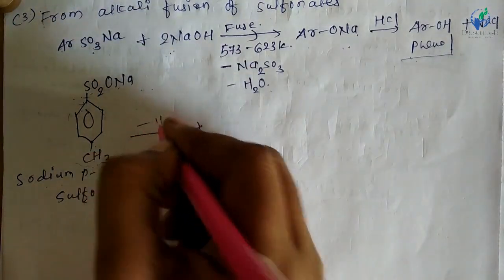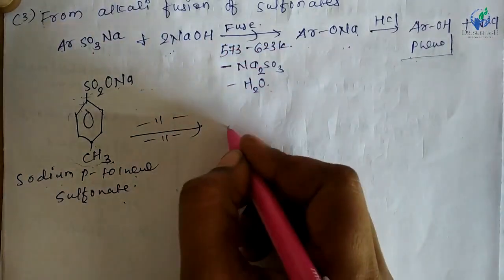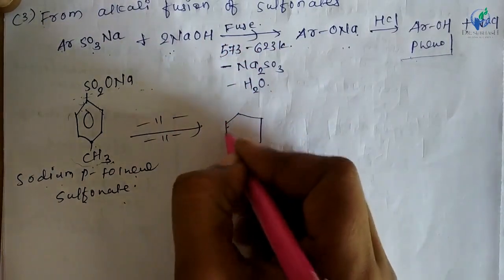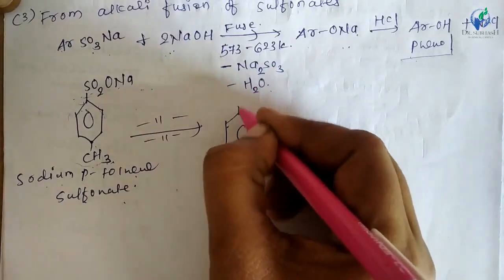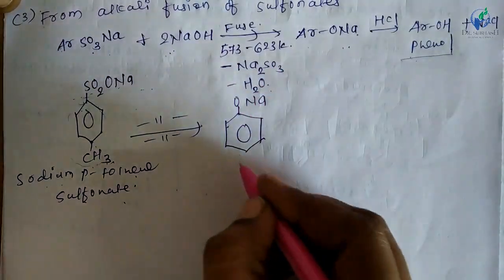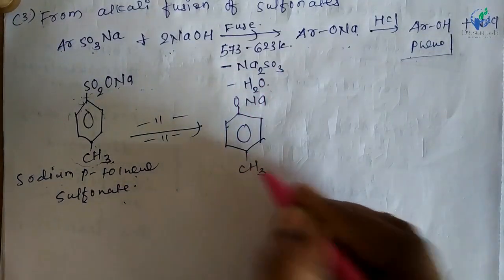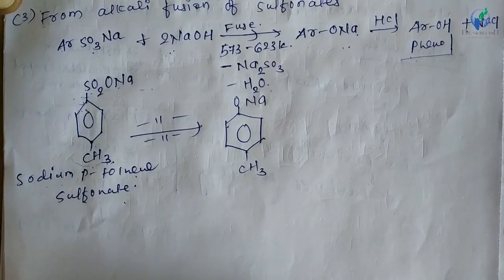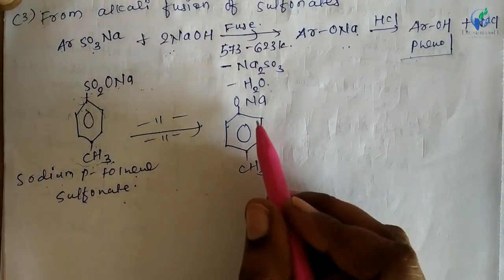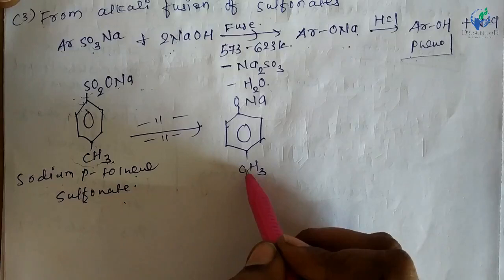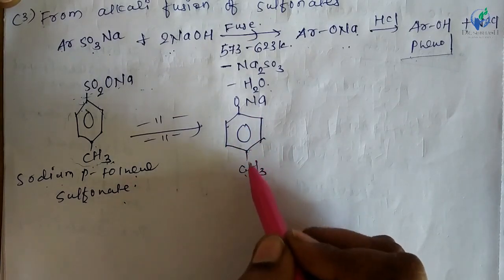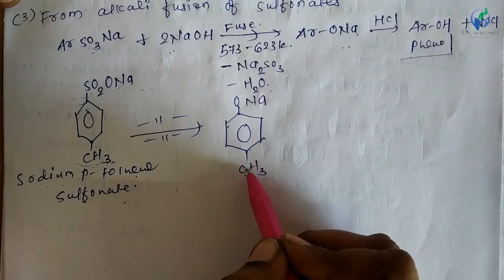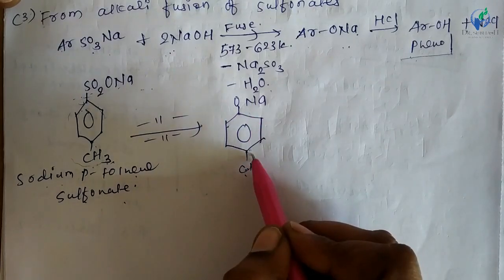In the same first step, it will be converted into the corresponding sodium phenoxide ion, that is sodium paratoluene oxide, or paramethyl sodium phenoxide ion.